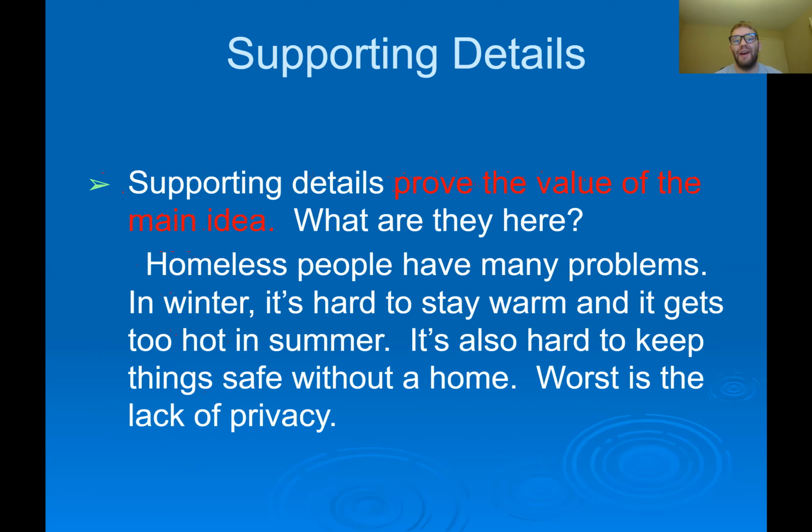And they provide the value in the main idea. So if you have a main idea that seems to be lacking, then you need to help bolster it up with those supporting details. It will be just like if you're eating at a diner and you're at a table that has a wobbly leg. Well, one of those supporting details is not really helping you, so you need to fix it.